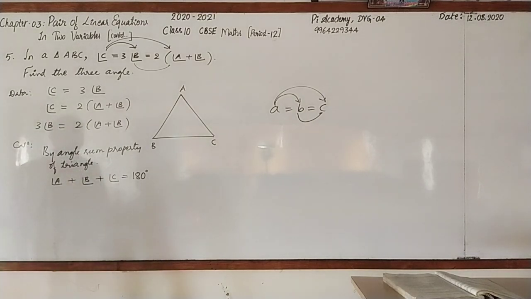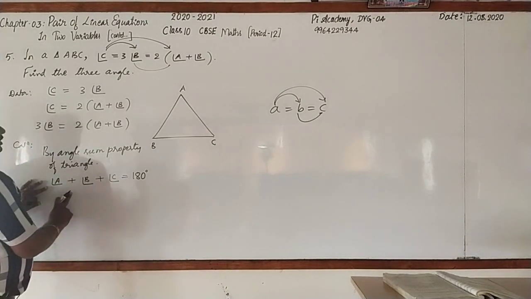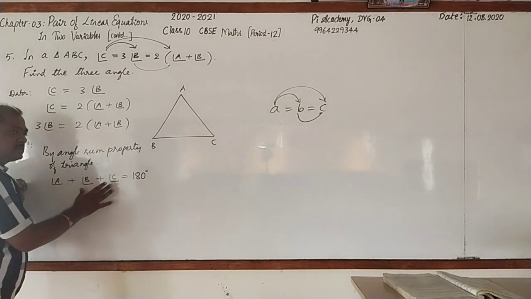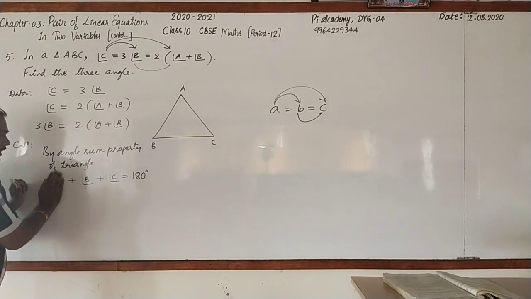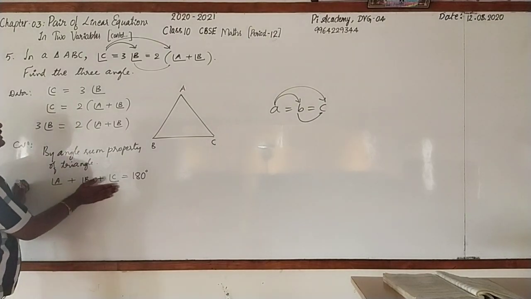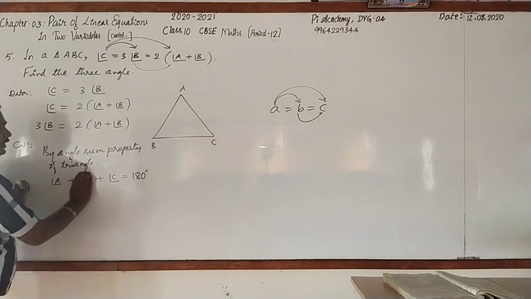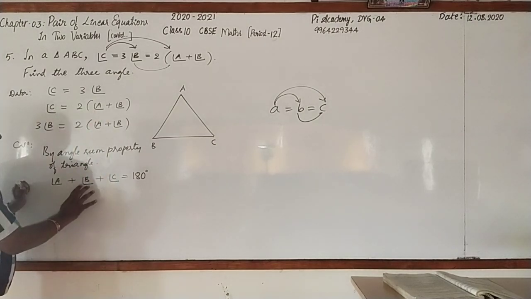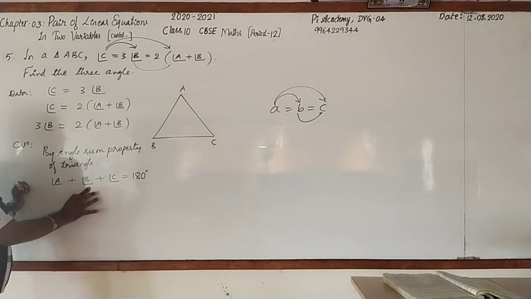Clear? Then observe here. To find out any one of the angles, there must be substitution for 2 angles. To find out A, we need substitution for B plus C. It is not there. To find out B, there must be A plus C. It is not there. To find out angle C, A plus B should be there.